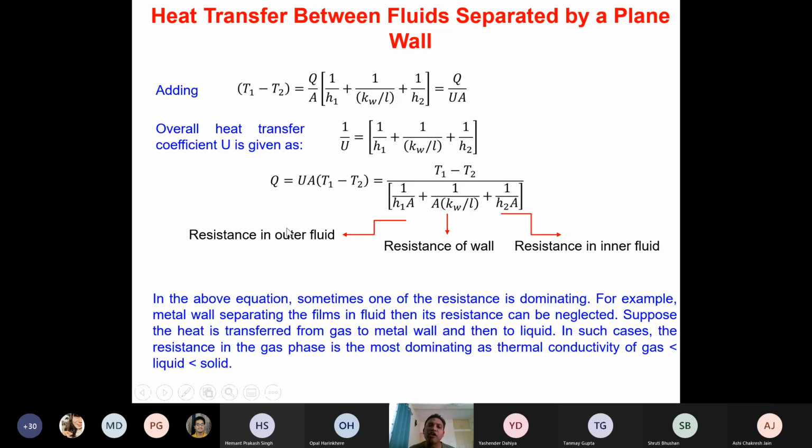So the concept of overall heat transfer coefficient we have seen. The overall heat transfer coefficient also accounts for the convection at both sides of the solid and the conduction in between. Again, some of these factors we may neglect depending on which resistance is dominating. Okay, correct.